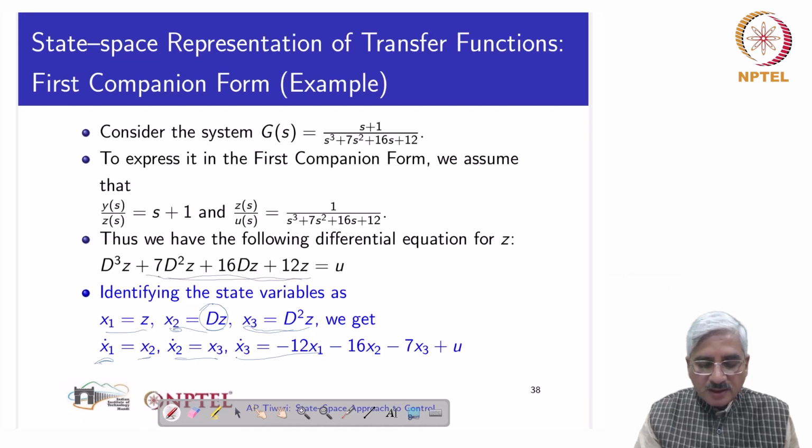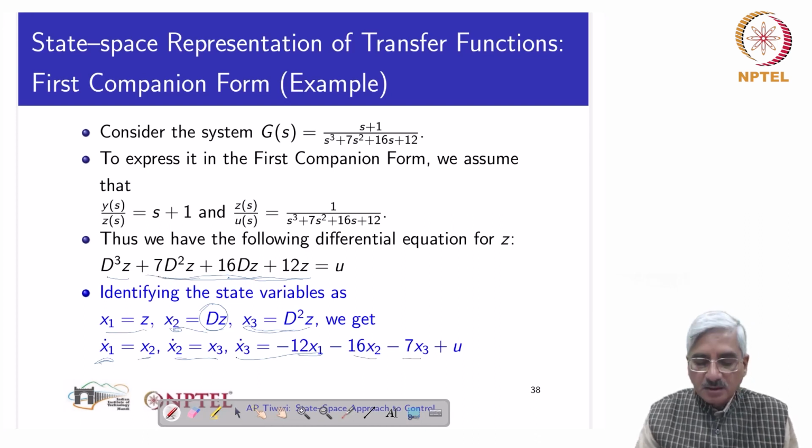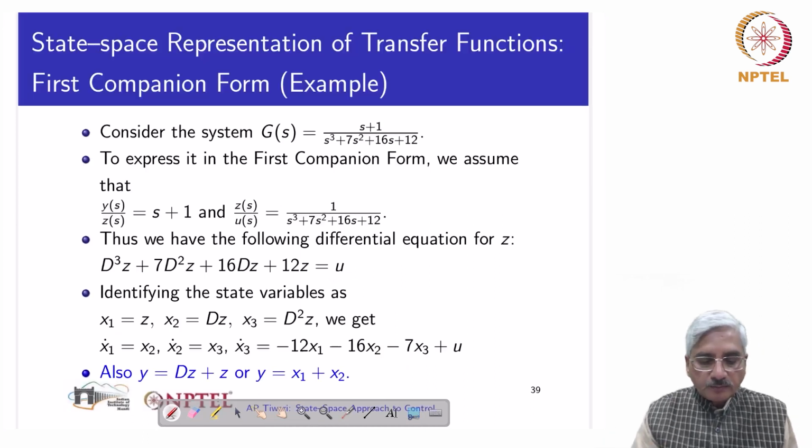This will be taken on the right. So x3 dot will be equal to minus 7 d square z minus 16 dz minus 12 z plus u. z is x1, so minus 12 x1. dz is x2, so minus 16 x2, and d square z is x3, so minus 7 x3 plus u.